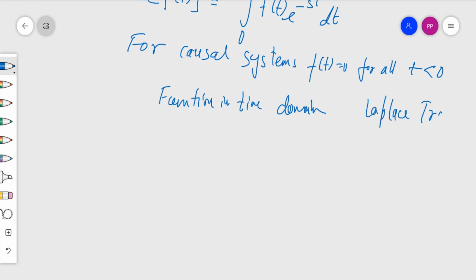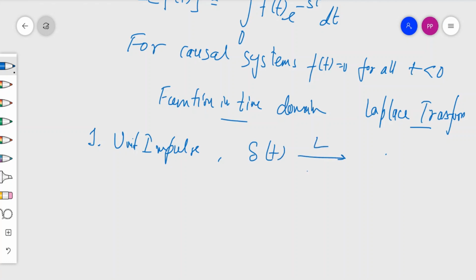We start with the impulse function, better I should say unit impulse. You represent unit impulse by the symbol delta(t). You take the Laplace transform and this Laplace transform is unity.